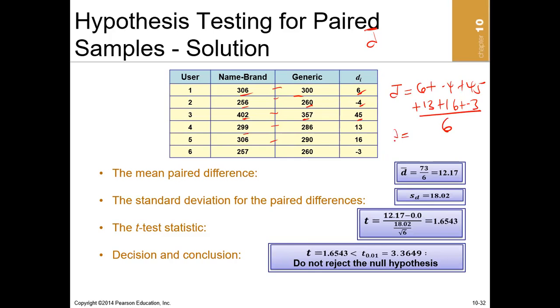So you are going to get 73/6, which is 12.17. So the average sample difference is 12.17. And we need to now get the standard deviation of the differences.